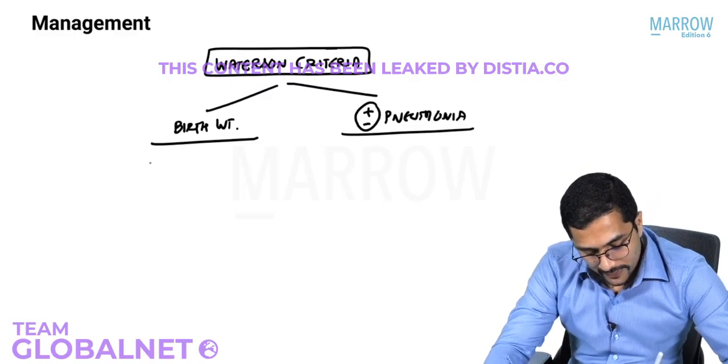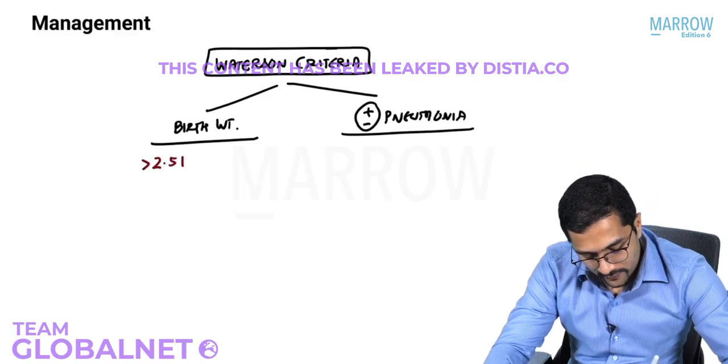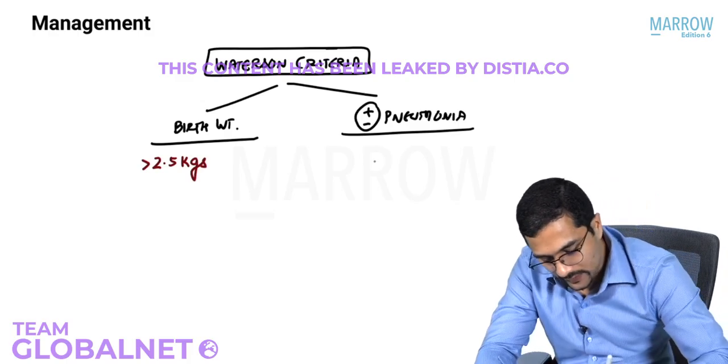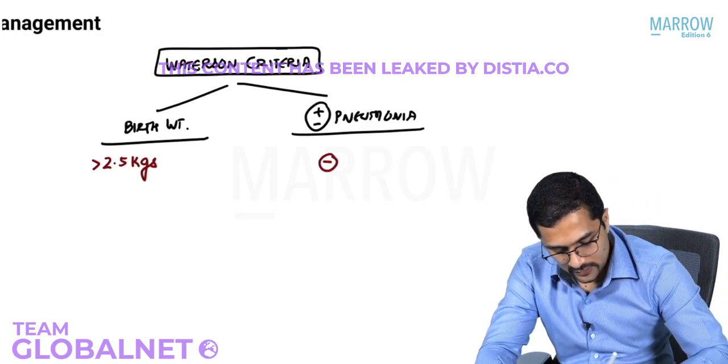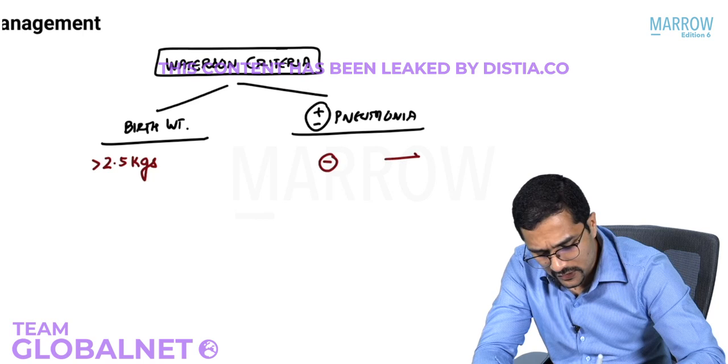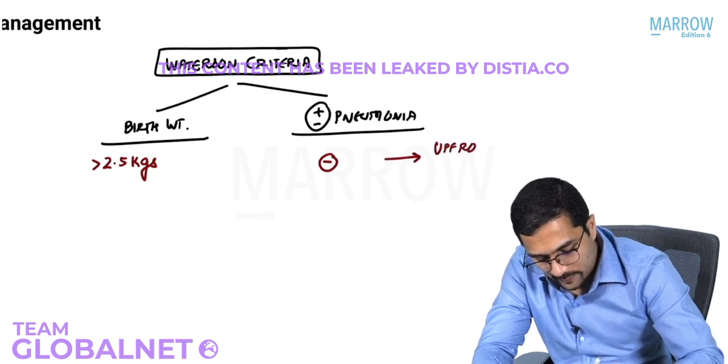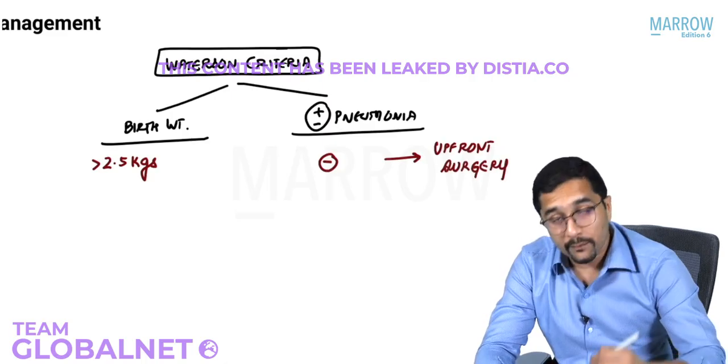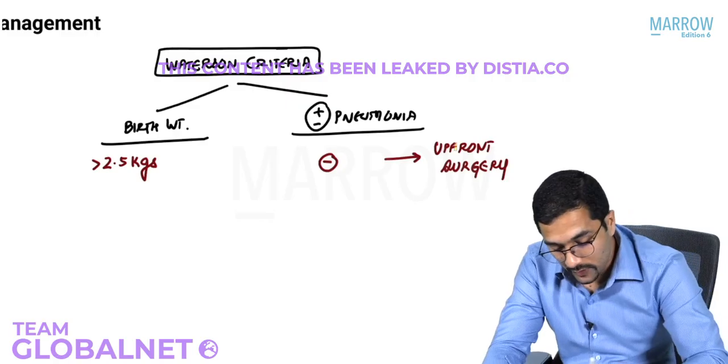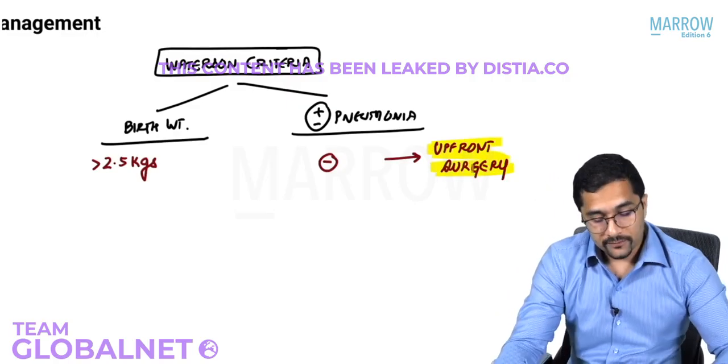If the birth weight is more than 2.5 kgs and there is no pneumonia, then these patients can be taken up for upfront surgery. This is the group which has the best prognosis. The best outcome is also seen in these children.